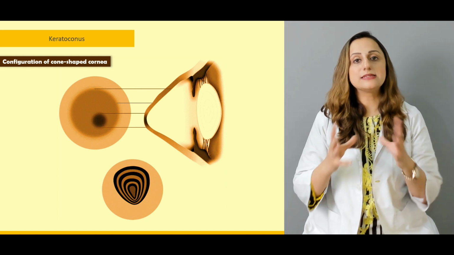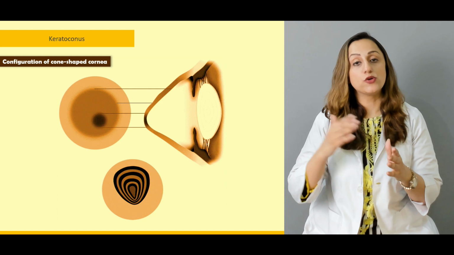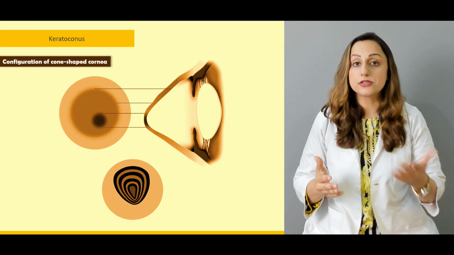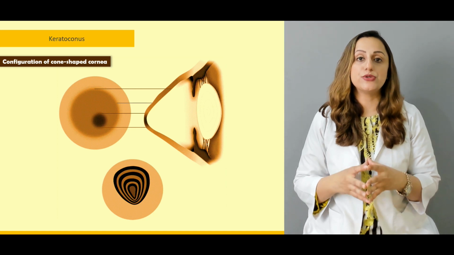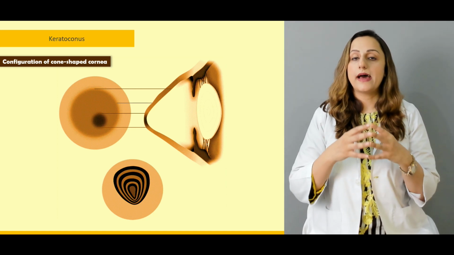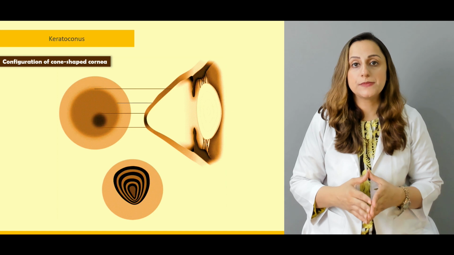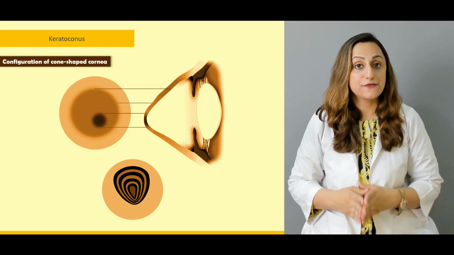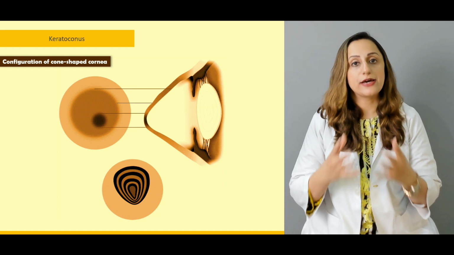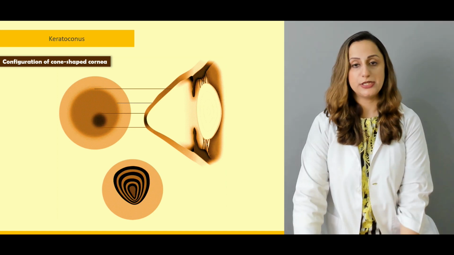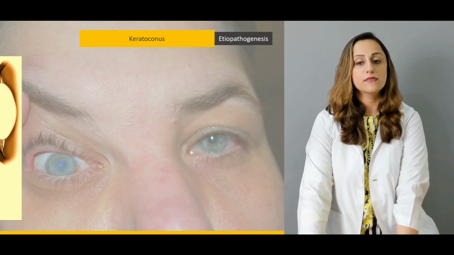So it's quite difficult to differentiate a normal cornea from a conical shaped cornea in its early phases. Again, you're going to appreciate the signs over here, and the slit lamp examination is going to be the diagnostic factor when you look for any signs of keratoconus in this particular patient.